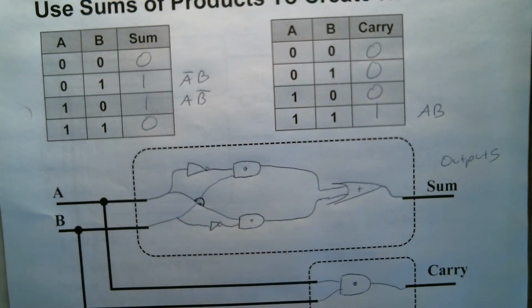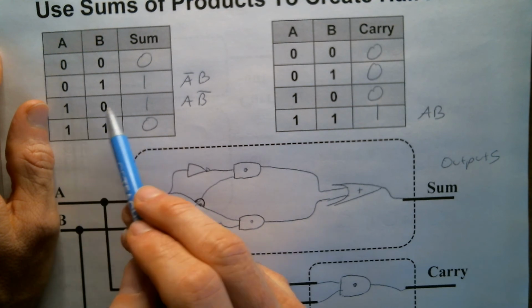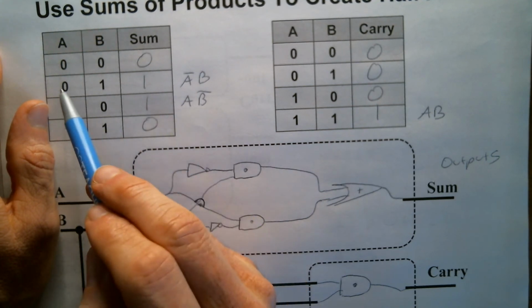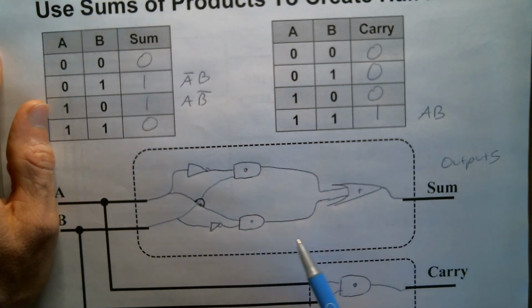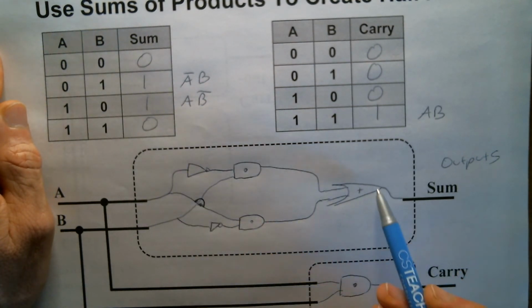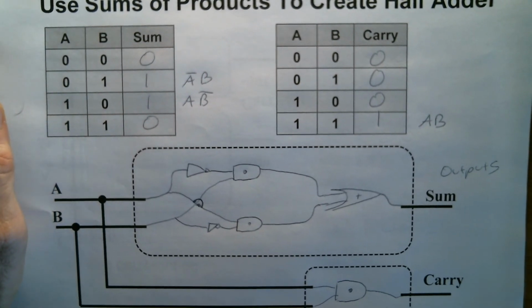Now, if you've been paying super close attention, you might also notice that what we just built was an exclusive OR gate, because this was the table for exclusive OR that we looked at earlier. When the two inputs don't match, we get a 1. When they match, we get a 0. So this right here is effectively how you would create an exclusive OR gate.